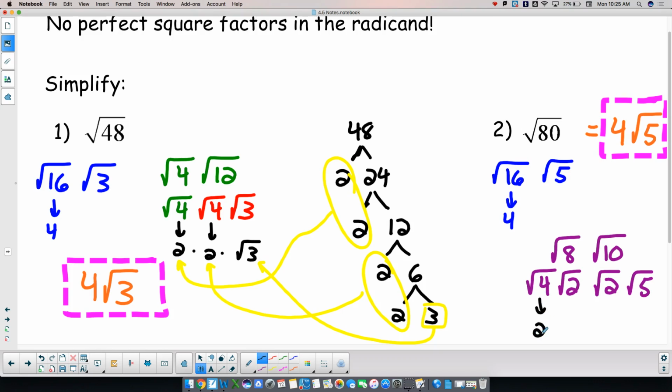What about the square root of 2 times the square root of 2? It becomes 2. Those two are both outside, and the square root of 5 stays, so you get 4 times the square root of 5. Again, 4 different methods. I don't care which method you choose. I just care that we all get to the same spot.